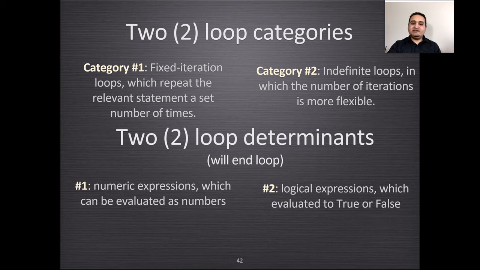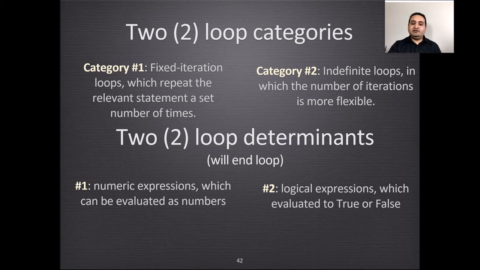We have the fixed iteration loop, which repeats the relevant statements a set number of times, so it is fixed. For example, it repeats 10 times and then it terminates. The second category is the infinite loop, which keeps doing the same task infinitely.